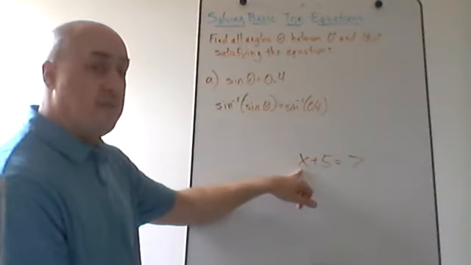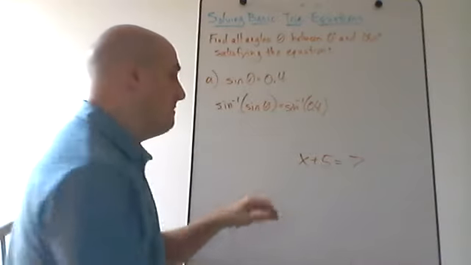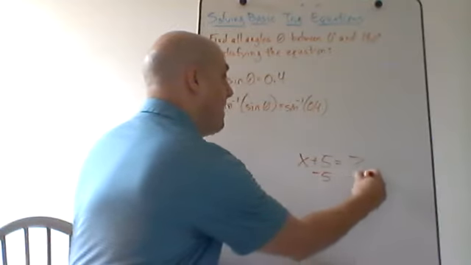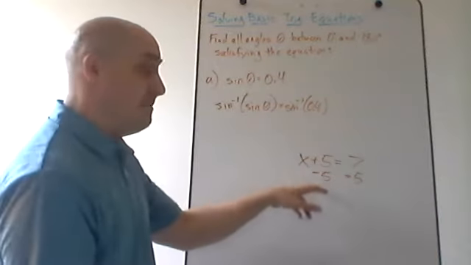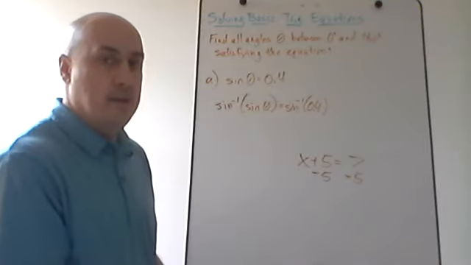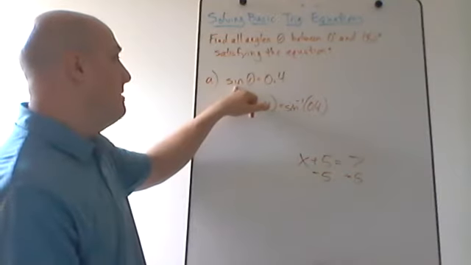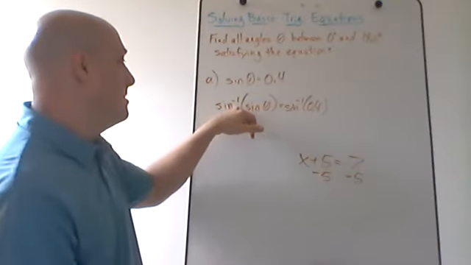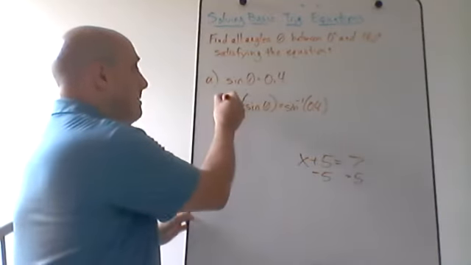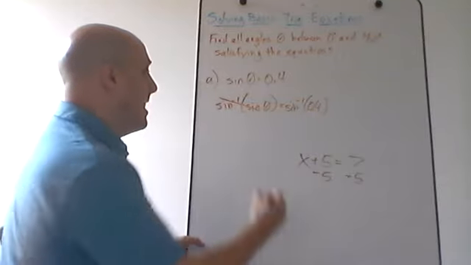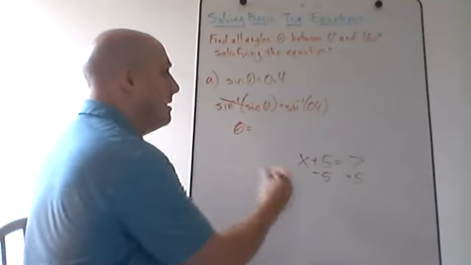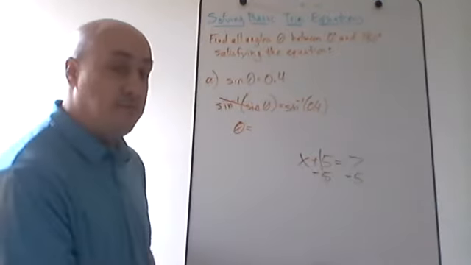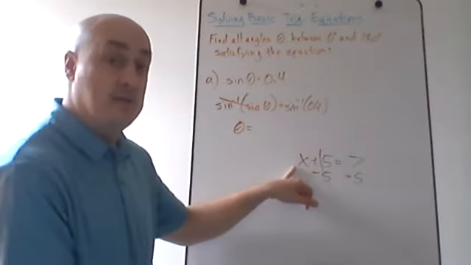Well, if I want to solve for x, I have to do the inverse of plus 5, which is minus 5, and as long as I do that on both sides of the equation, it's okay. Well, the inverse of sine is the inverse sine function. The sine inverse is going to cancel out, and I'm left with just theta. Just like over here, the plus 5 and the minus 5 cancel out, and I'm left with just the x.